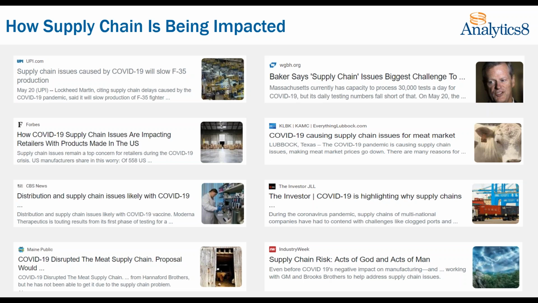One of the things that we oftentimes don't think about is that for a lot of these factories, a lot of these companies, there are certain supplies that are required for them to keep their businesses operational.